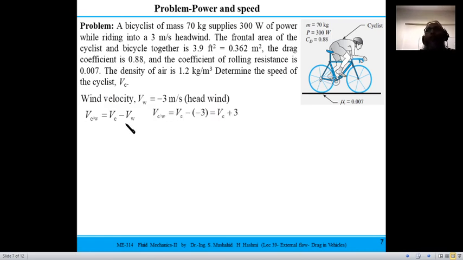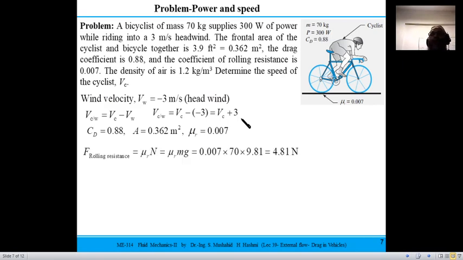If you substitute numbers, the relative velocity would be the cyclist velocity plus the wind velocity, which is 3 meters per second, because the wind and the cyclist are moving in opposite directions. We know the data given for drag coefficient, frontal area for the cycle and rider, and the friction coefficient.